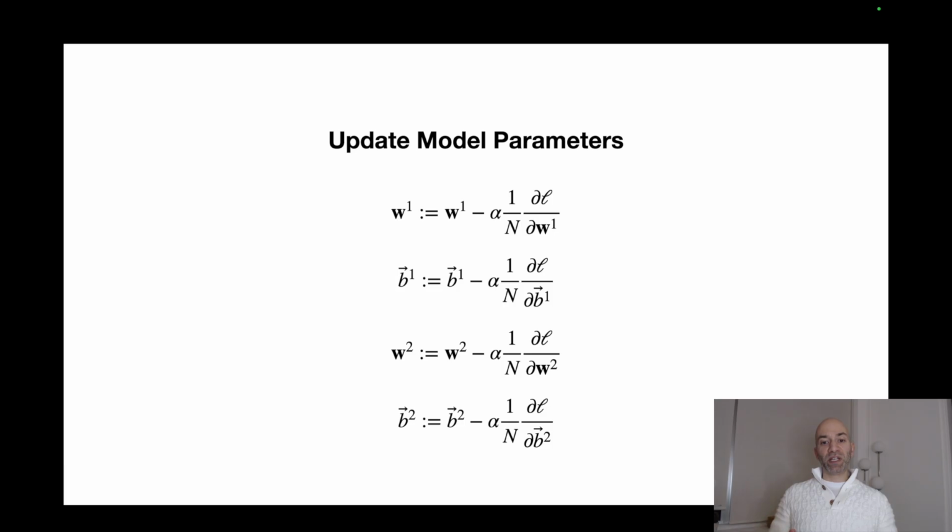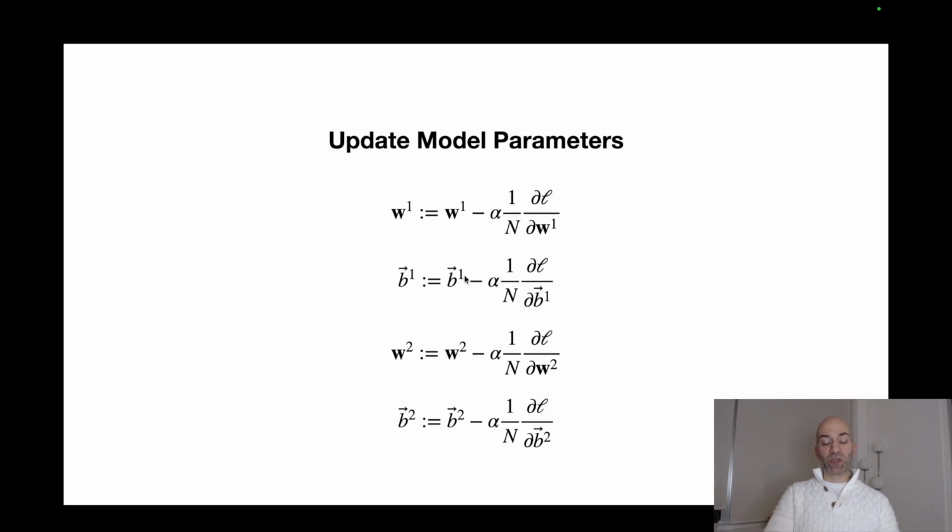So with that in place, we can now update our model parameters. We do that in this fashion. So here I've just written it out for all the different weights and biases that we have. You can see here that we have on the right-hand side the derivatives that we just worked out, and we multiply these by 1 over n. Again, n is just the number of samples in our batch.